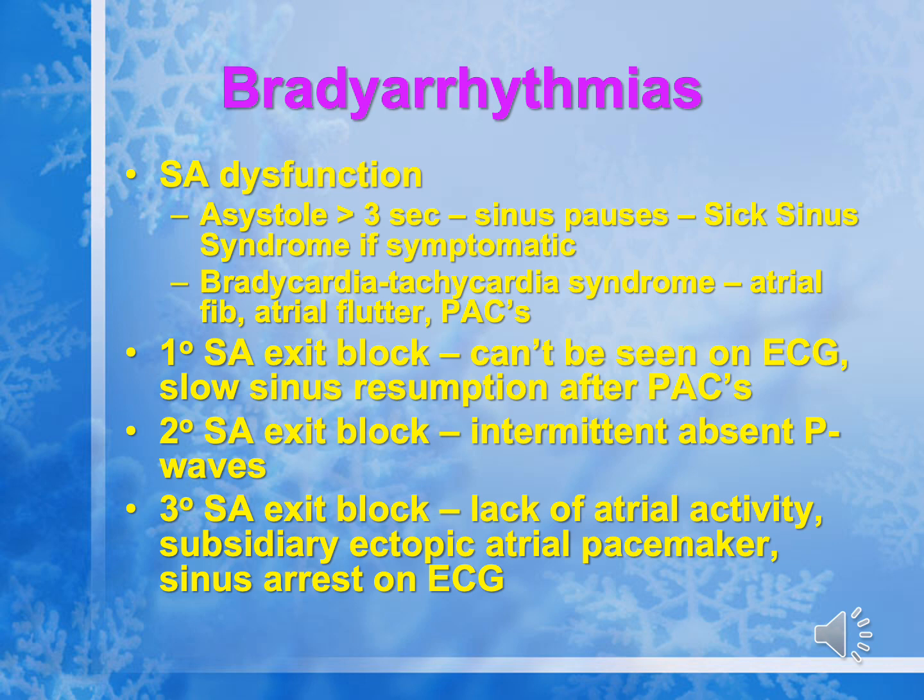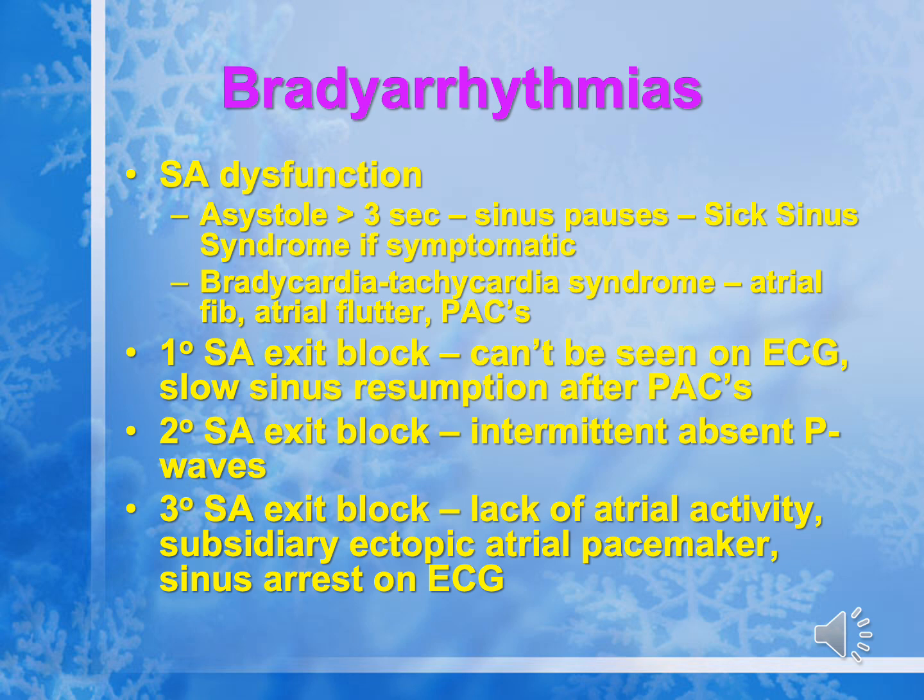First degree SA exit block is when the impulse cannot exit the SA node at the proper rate, and it is basically indicated by slow sinus resumption after premature atrial contractions, and has no definite identifying features on the electrocardiogram.